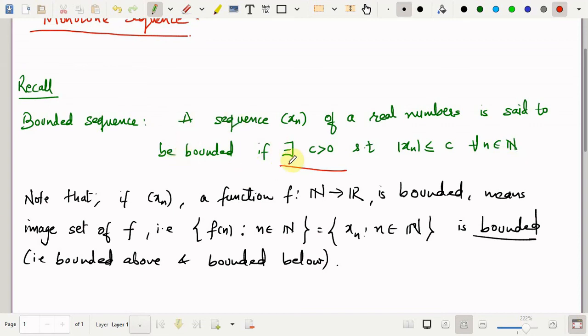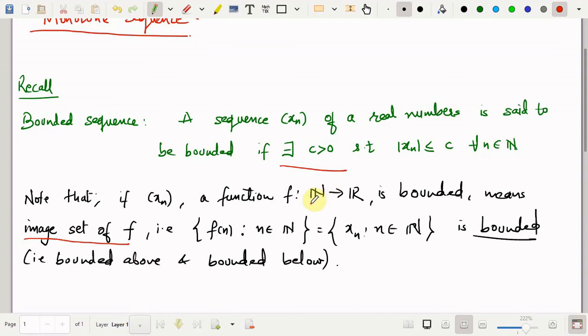Now basically, when I say that the given sequence of real numbers is bounded, it means that the image set of this given function is bounded. That is, if xn is a function f from N to R, then the image set of f is f of x for each x in the domain.